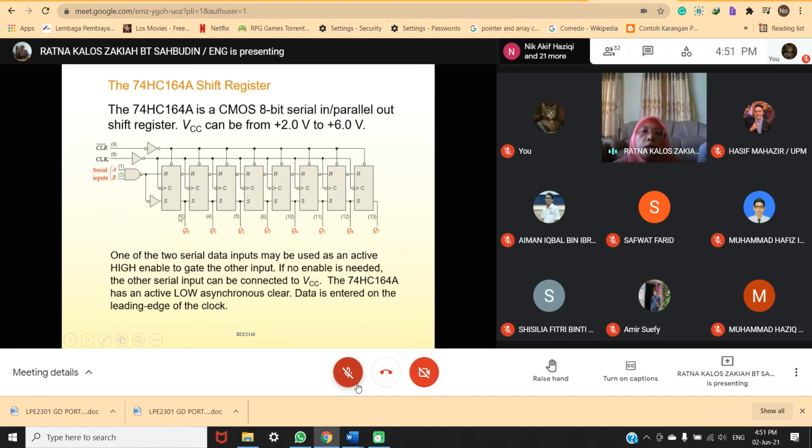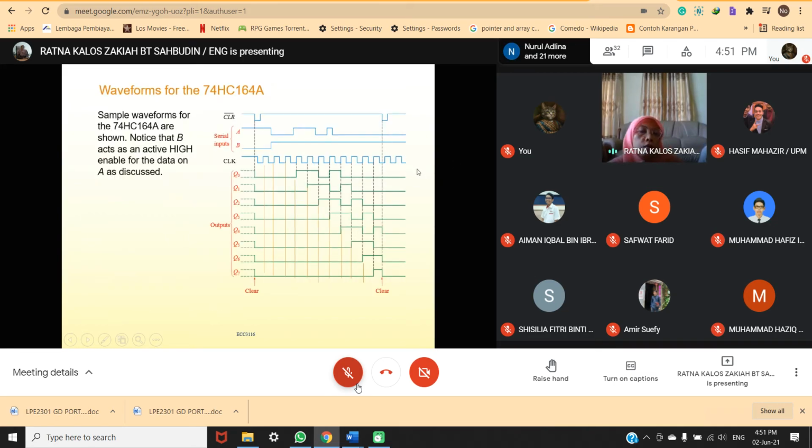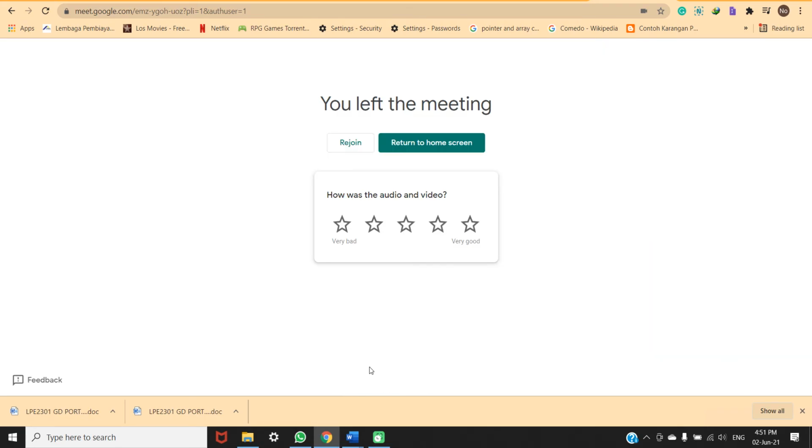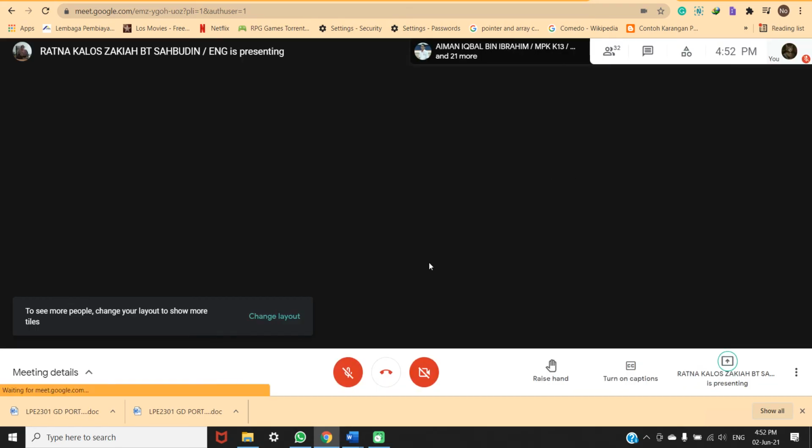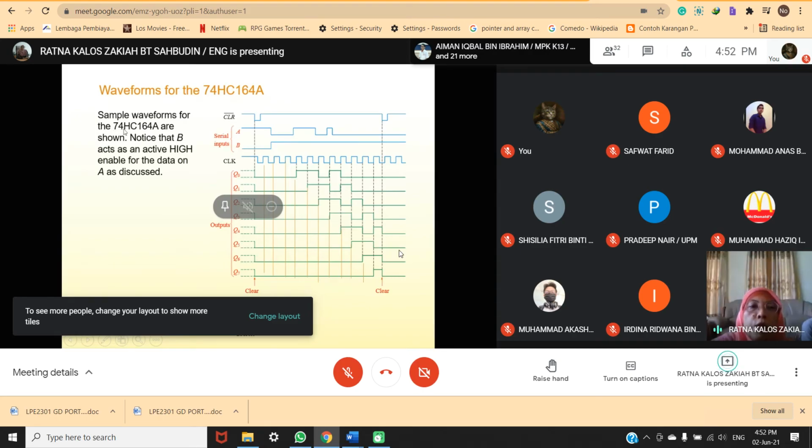Look at the diagram here, and look at the waveform. The waveforms for the 74HC164A are shown here.